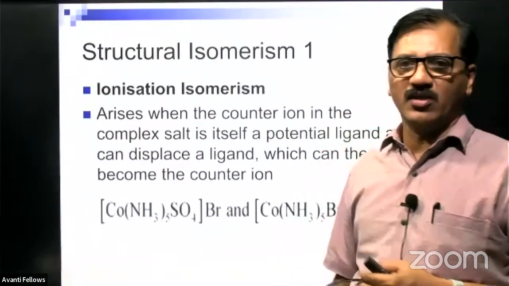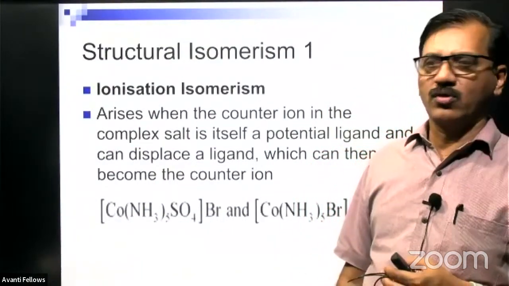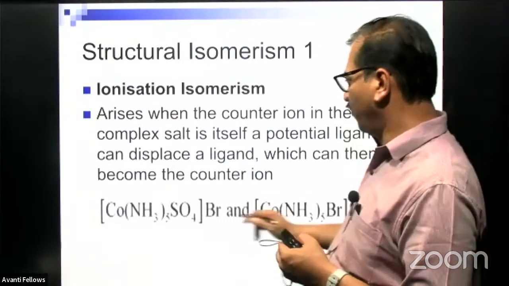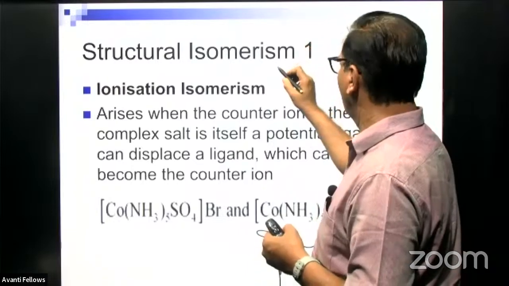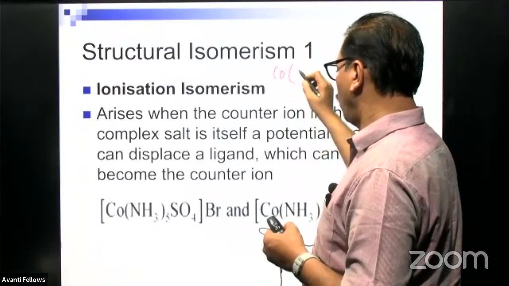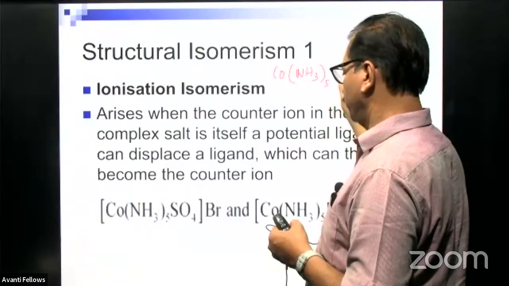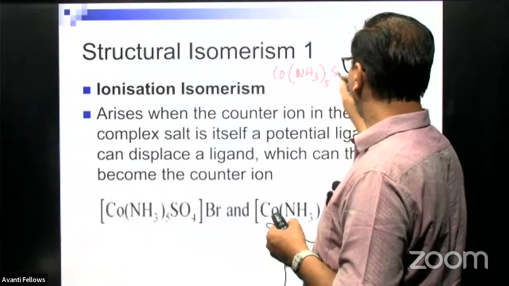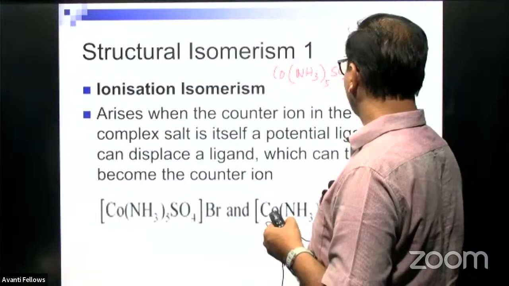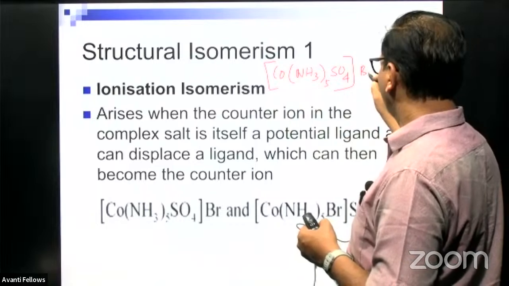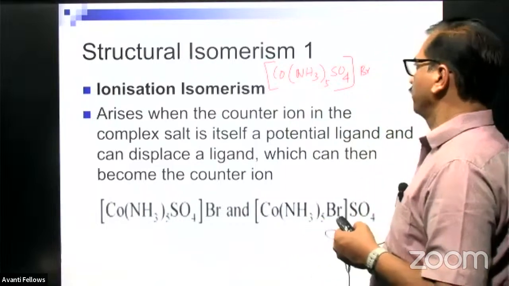What is ionization isomerism? Take 2 compounds. If it is blurred, I will write here. One is [Co(NH3)5SO4]Br. This is one coordination compound, with bromine as a counter ion.